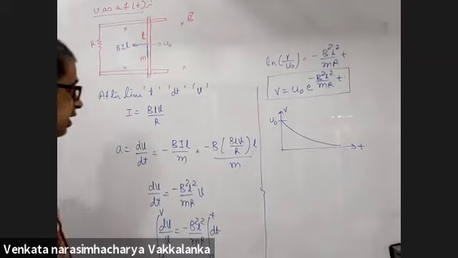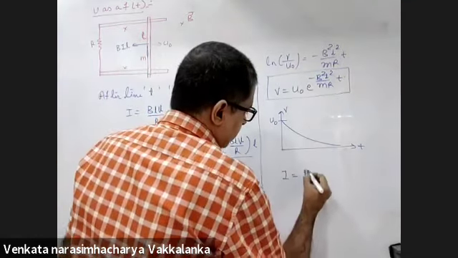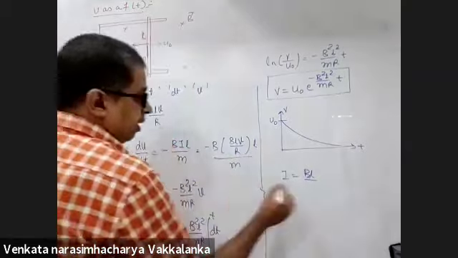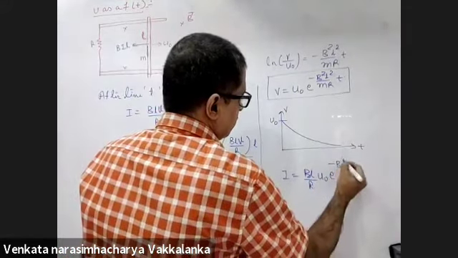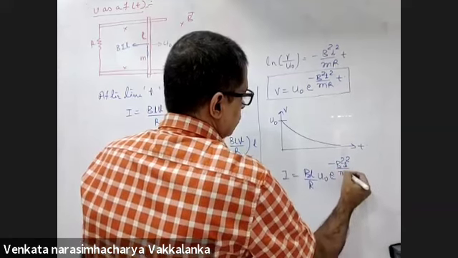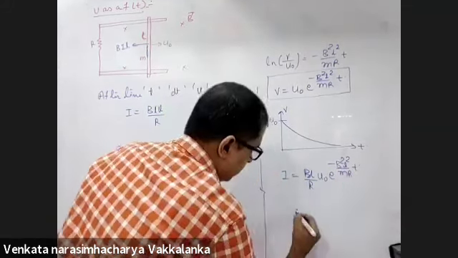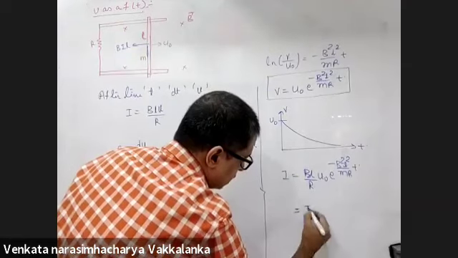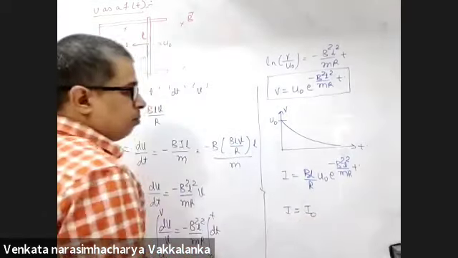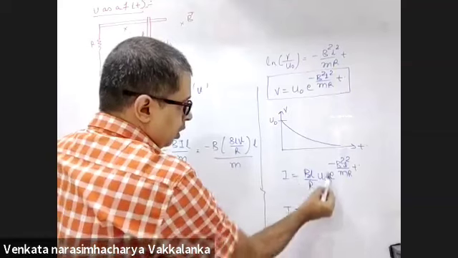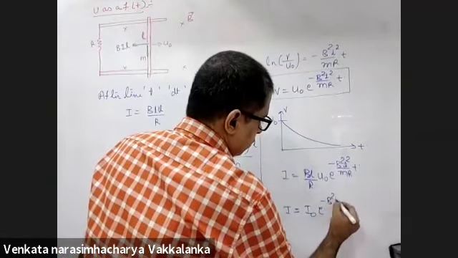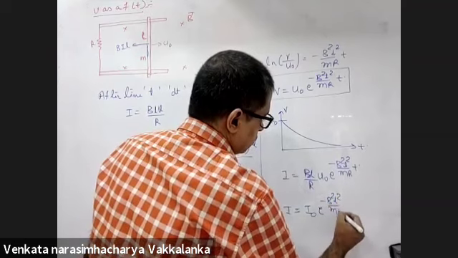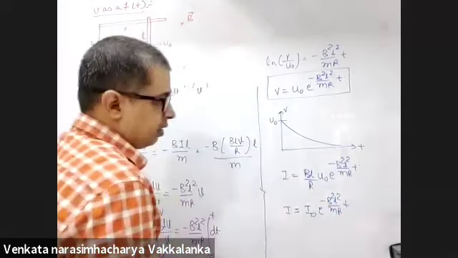Then how about the current? Current is BL by R, times velocity. Velocity is u naught e to the power minus B square L square by MR into t. BL u naught by R is I naught. I naught times e to the power minus B square L square by MR into t.